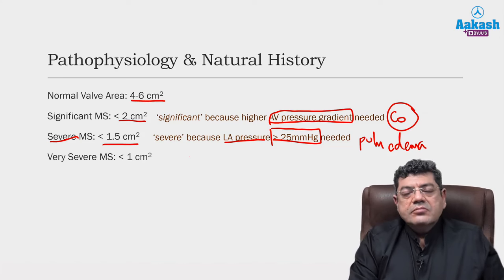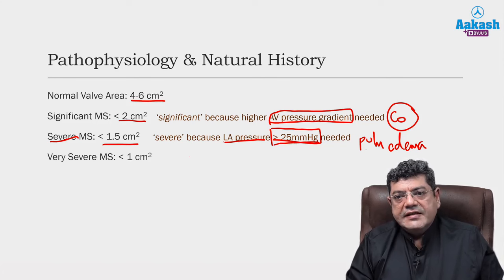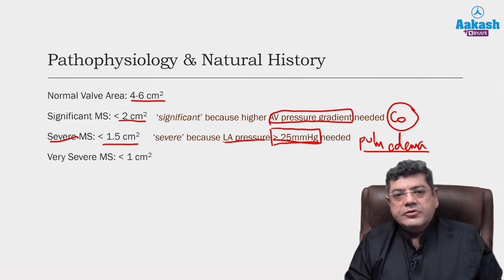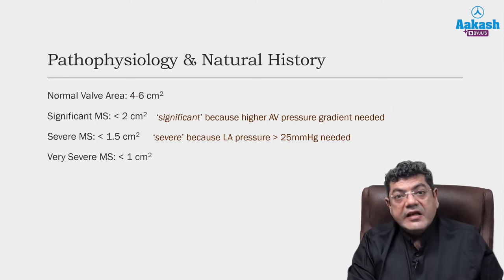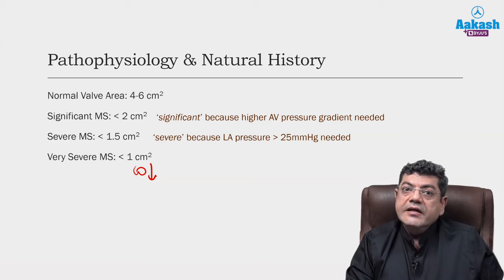Their left atrial pressure is elevated. It needs to be kept at a higher pressure than that which causes pulmonary edema to appear, to maintain cardiac output. Okay. And what happens in very severe MS is that the cardiac output is low even at rest despite a high left atrial pressure.